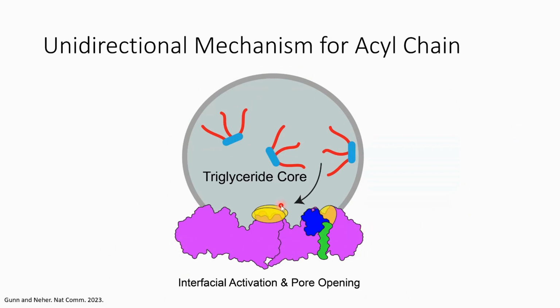This active dimer associates its hydrophobic residues with the hydrophobic triglyceride-rich lipoprotein, and this interface is what triggers the opening of the lid peptide, so that's interfacial activation. And it's also going to trigger the opening of the pore because it's exposing the pore residues to a hydrophobic environment, which would allow them to open.